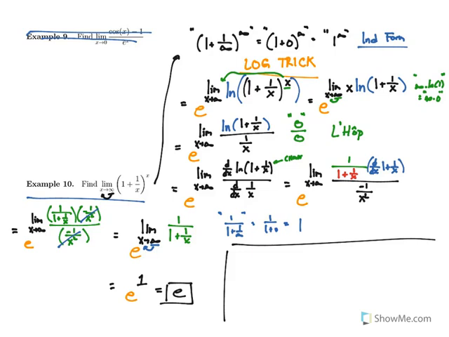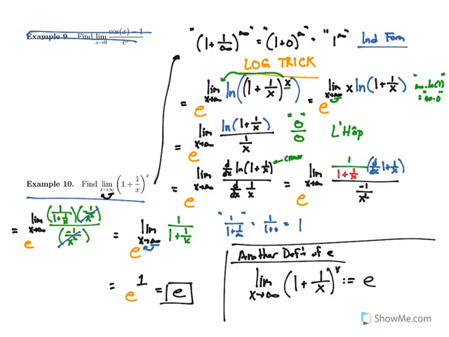That's a very difficult problem, but it allows us to see another definition of e, that actually this limit is the definition of e. Sorry, this weird colon equals means kind of like defined by.